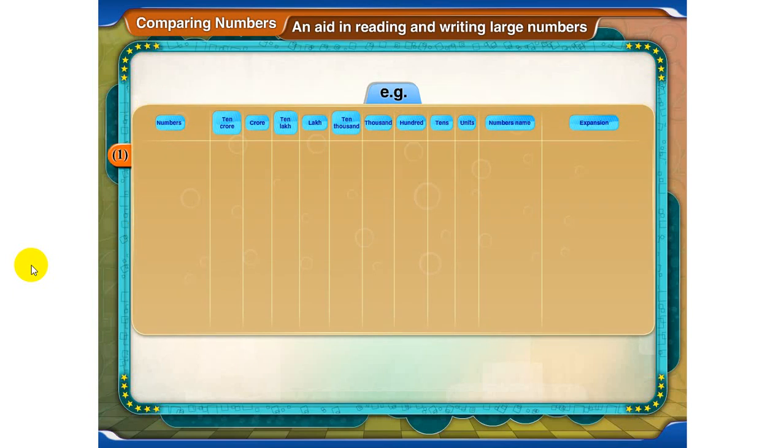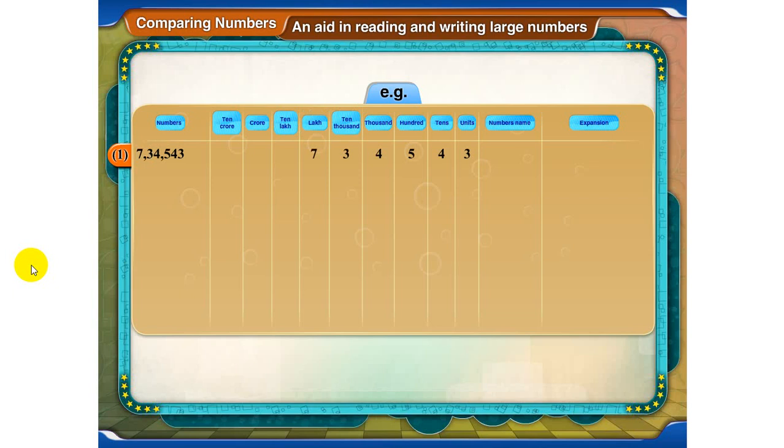1. In 7,34,543, 3 is in units place, 4 is in tens place, 5 is in hundreds place, 4 is in thousands place, 3 is in 10,000s place, and 7 is in lakhs place.